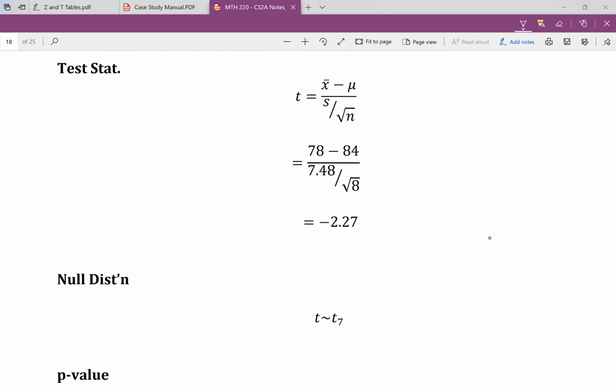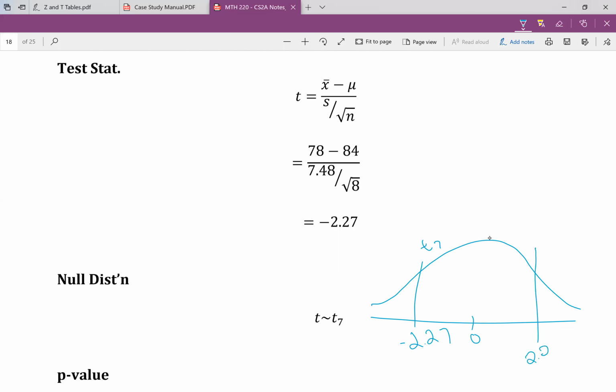So I would like to go ahead and start with drawing the picture. This is T7, and I'm down here at negative 2.27 and positive 2.27. This is all because it's a two-tailed test.